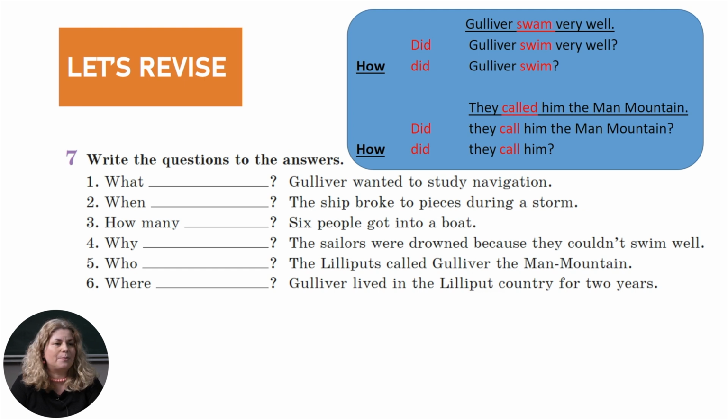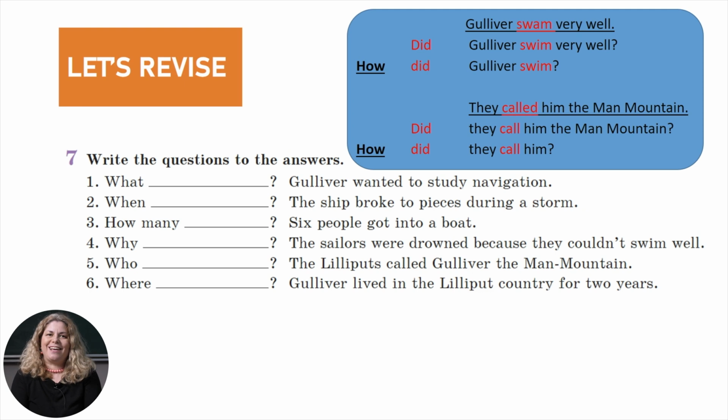So we have an example. Gulliver swam very well. And then we have a simple question that we answer yes or no to: did Gulliver swim very well? What do you see? You see did and you see swim. It was swam, now it's swim.